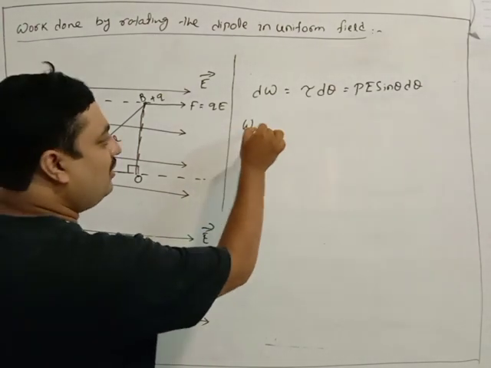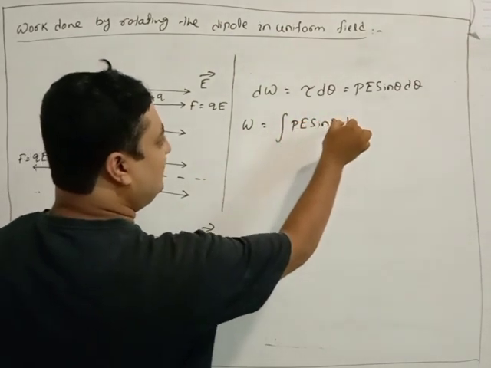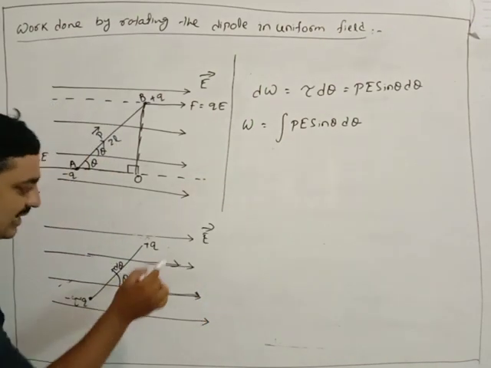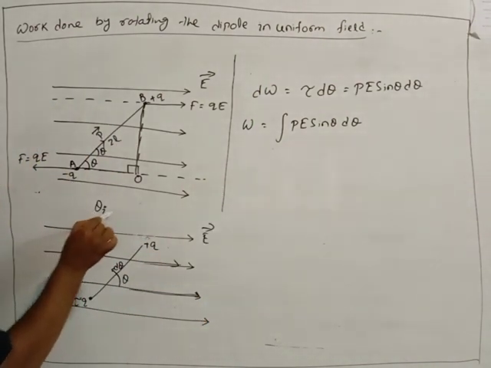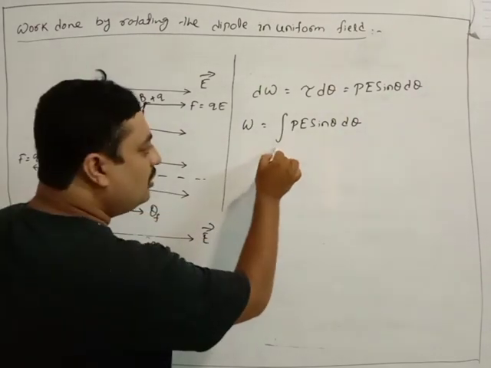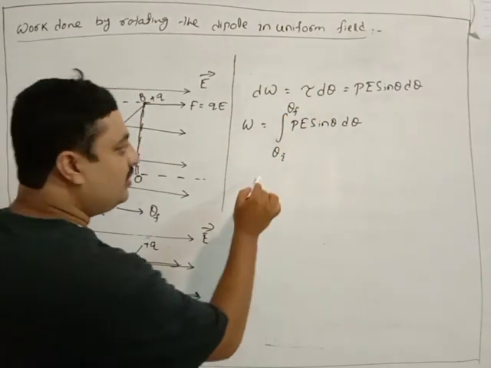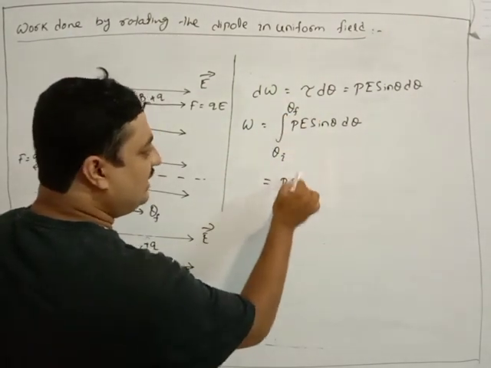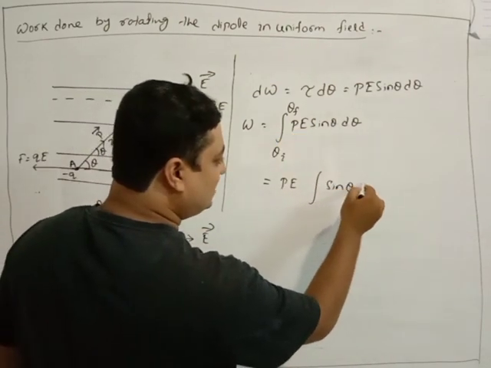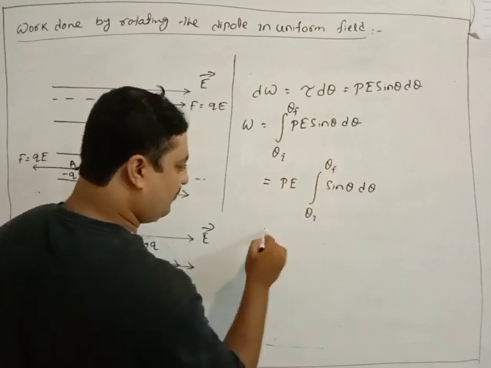So total work done equals the integration of P sin theta d theta, but the angle is rotated from the initial angle theta I to the final angle theta f. So the limits are from theta I to theta f. Now P and E are constants. It will be the integration of sin theta d theta from theta I to theta f.